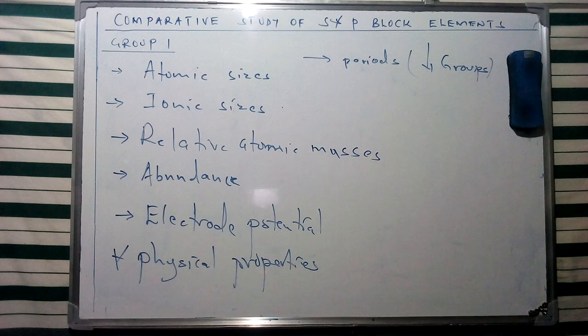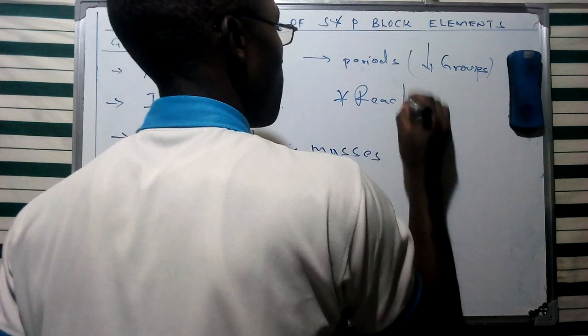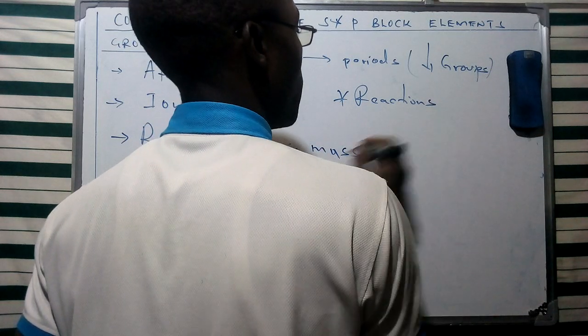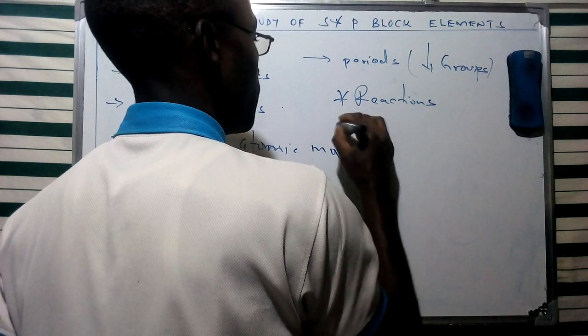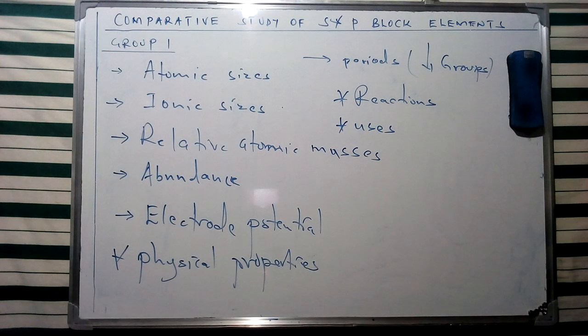And lastly but not least, we shall look at their reactions. I've mentioned the carbonates and oxides, so we shall look at their reactions in general, and then lastly, we shall look at some of their uses in our day-to-day applications, as I've mentioned.